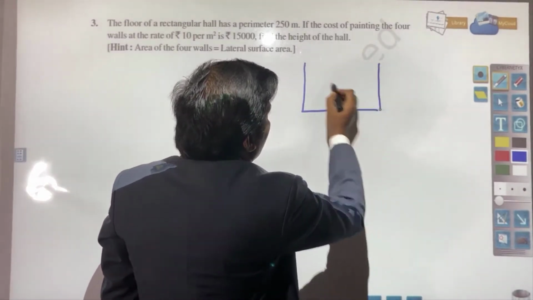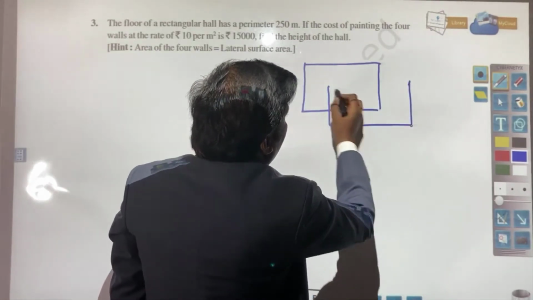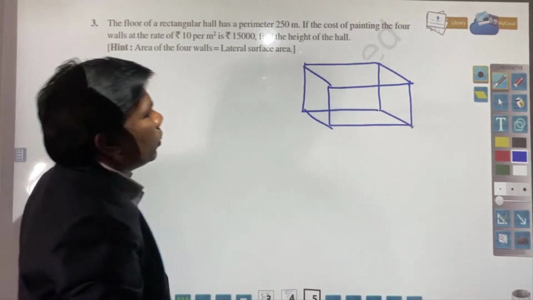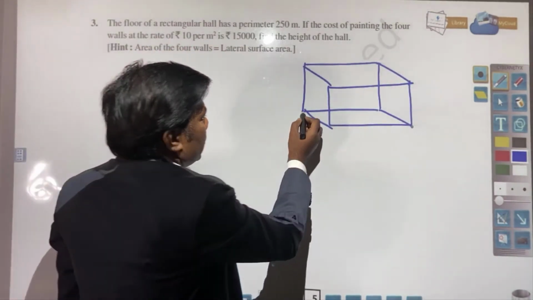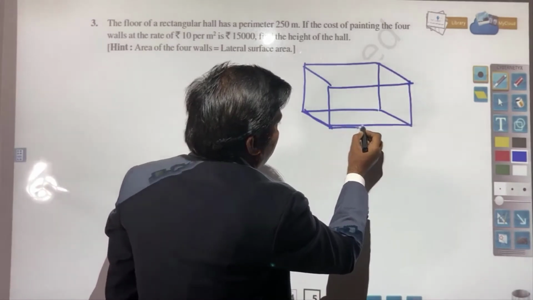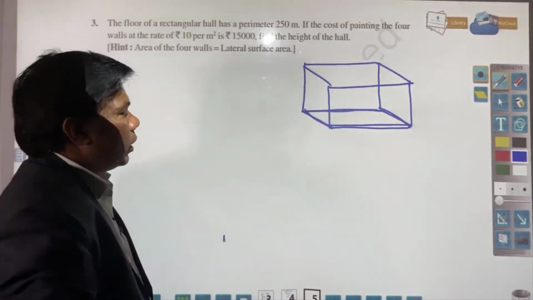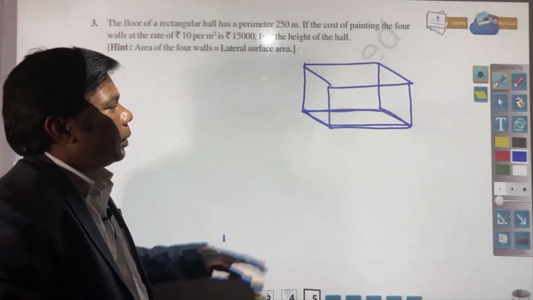Suppose this is your hall, and the perimeter has been given. Perimeter means the sum of these 4 sides. It means 2 into (L plus B) has been given.